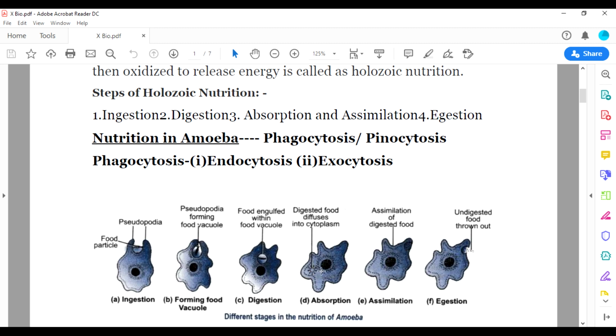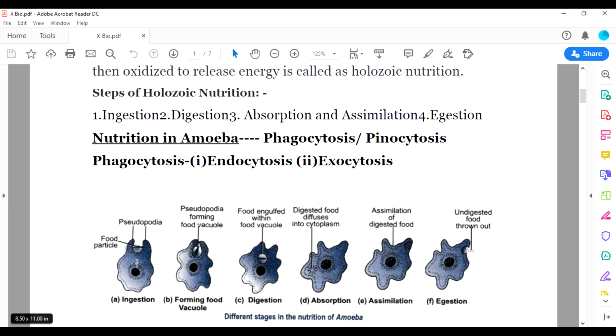After diffusion of digested food, this food vacuole shrinks as it has waste only. This vacuole containing waste moves to the margin of the cell, that is near the cell membrane, and bursts out, releasing the waste out in the surrounding. In this way, amoeba completes its nutrition process.